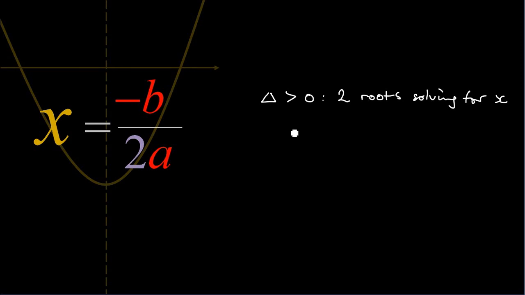Okay, and that's a very normal situation. The other situation that we've just discovered is that right at the tip of the curve we have this situation where x just equals 0, and therefore we only have one solution there, or one root, when we're solving for x.